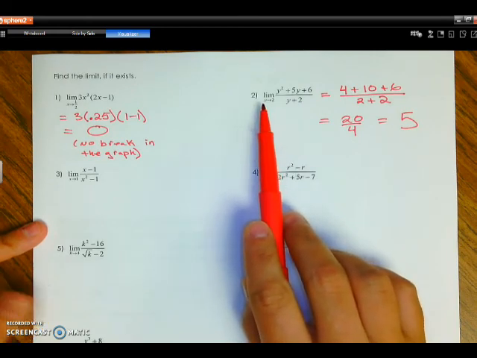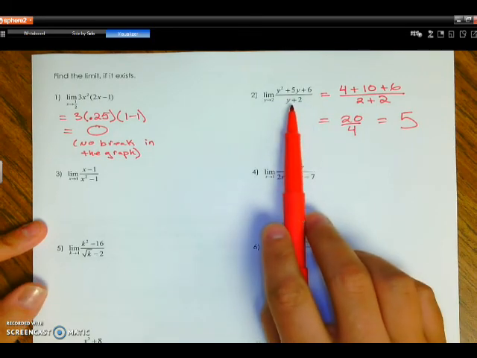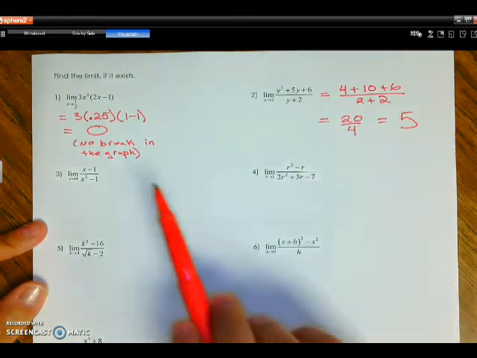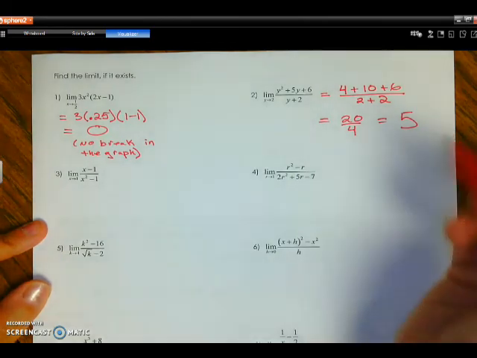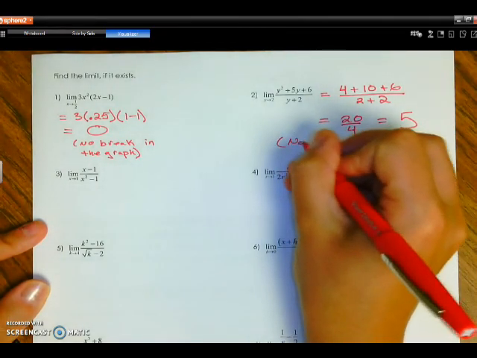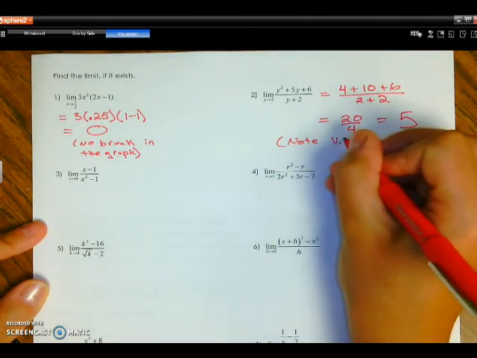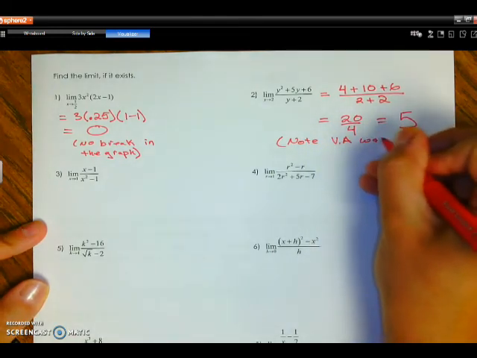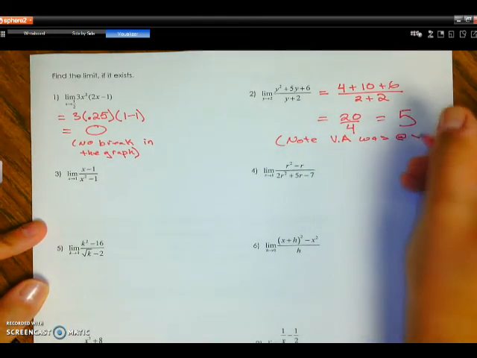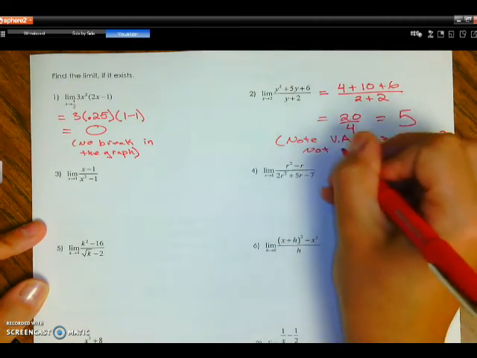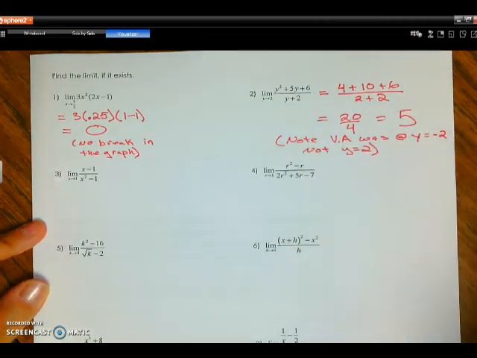If I was asking for the limit as we approach -2, that would have been a big problem, because when I plugged -2 in there, I'd get 0 in my denominator. That's not the case here, so I was fine, so I'll just make myself a note there. So note, the vertical asymptote was at y equals -2, not y equals 2. And we were taking the limit as y approached 2, so we were good there.